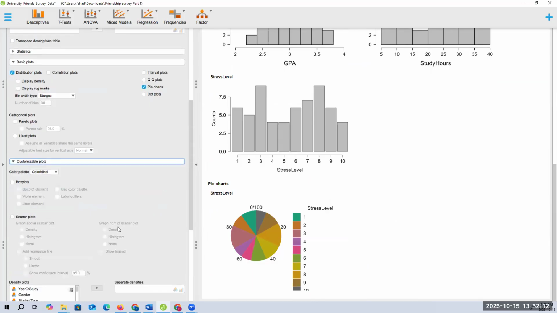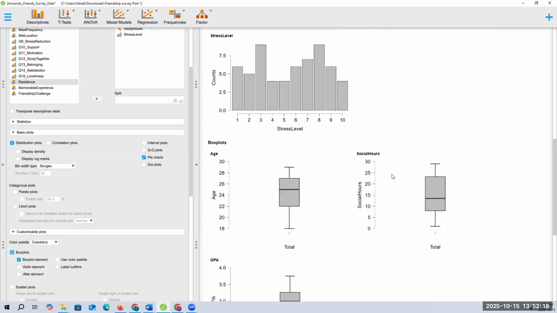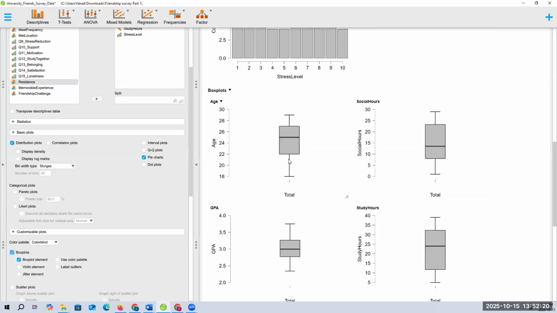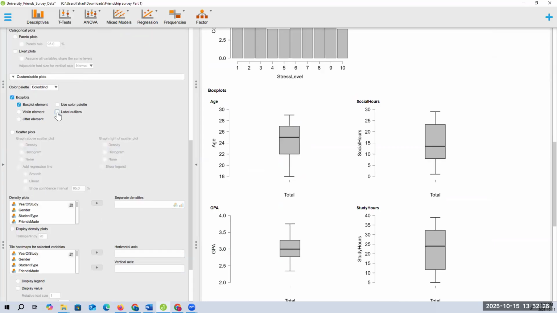I believe box plots actually just show where the outliers are present. I'm not sure if you can show the outlier. Oh, label outliers. Maybe that is helpful.